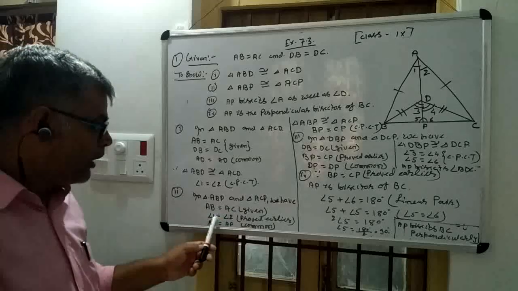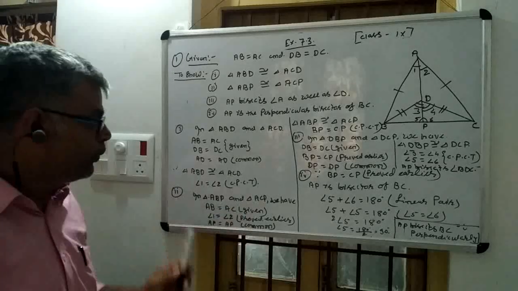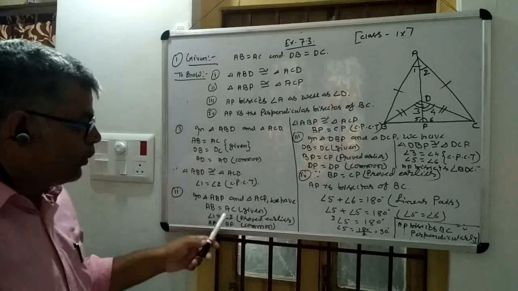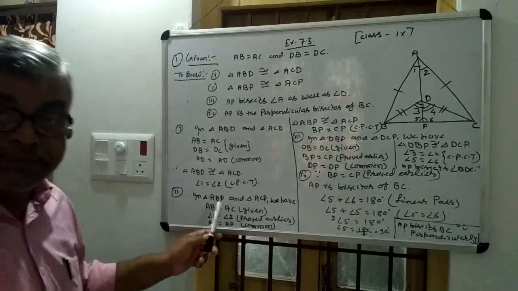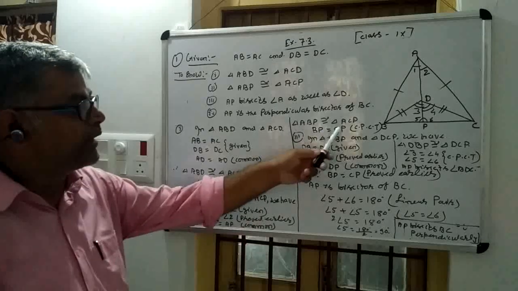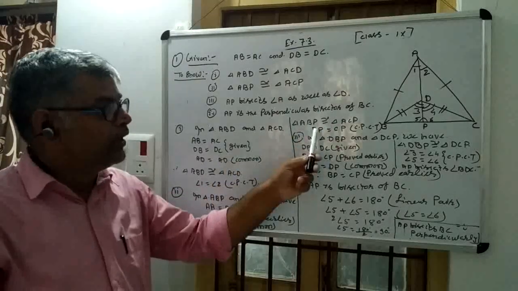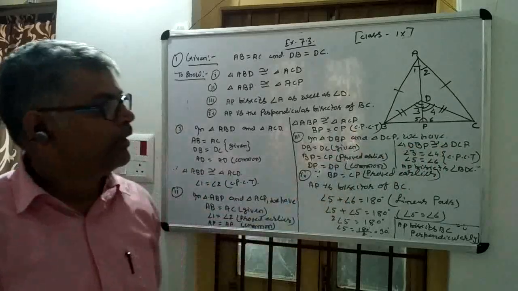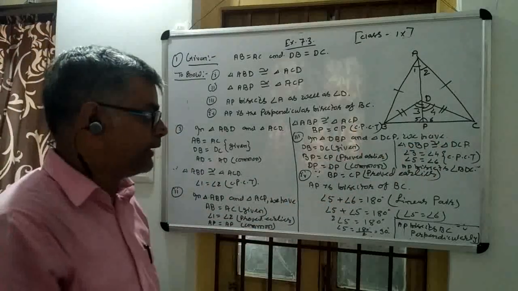Now we have proved angle 1 equals angle 2, and AP equals AP, which is common. So by the SAS property, these two triangles are also congruent. So from here we have proved BP equals CP by the property of CPCT.